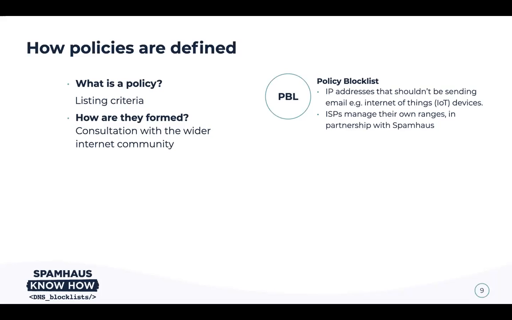So these would be any end user IP ranges like DSL or cable ranges, mobile, 3G, 4G, 5G, anything where you expect end users, who in a normal situation, when they want to send an email, will submit that email to their providers or their corporate mail server.